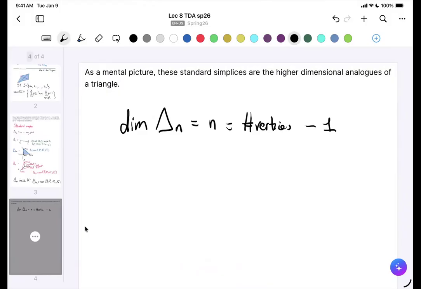So there's always a difference of one when you're describing them. That's why it's sometimes convenient to start the index at 0, because that way the last vertex has index n, which matches the dimension. That's the main reason for indexing with 0 instead of 1 at the beginning.